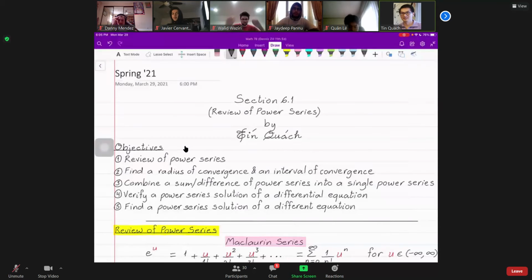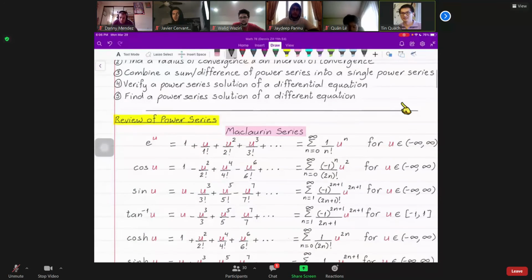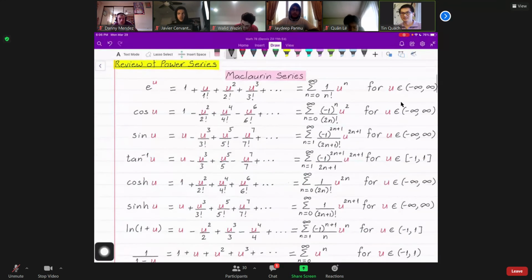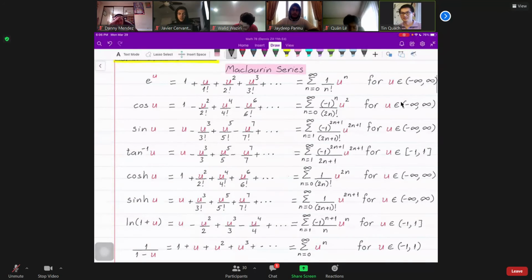Okay, so this is what we have. In 6.1, this is a list of power series or Taylor series centered at 0, which we call Maclaurin series. It helps a lot if you know these by heart.